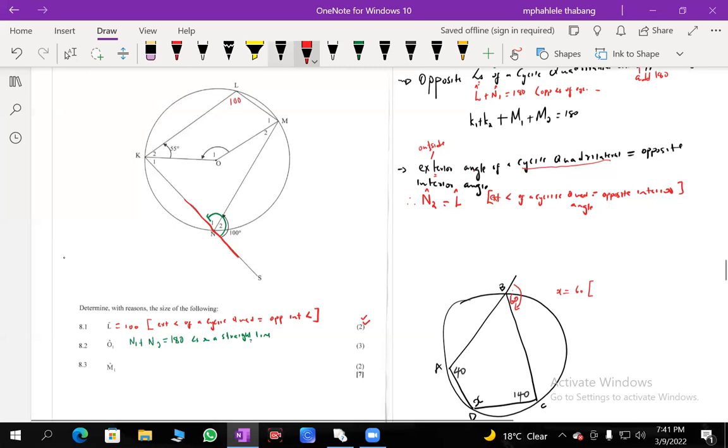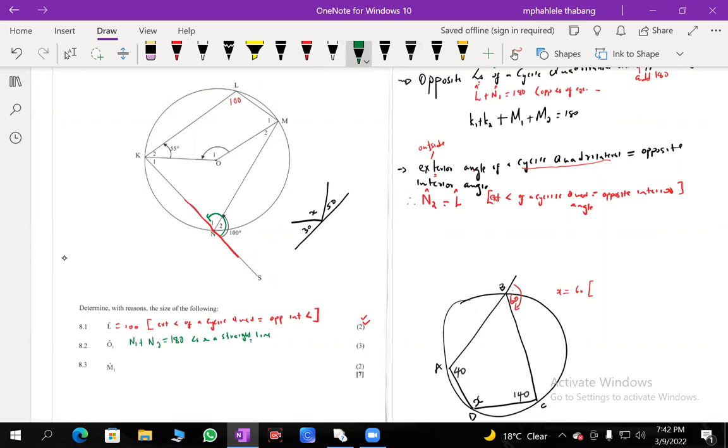Lemogan, can you solve for X here? Can you figure out the value of angle X? How much do you think is the value of angle X? 100.